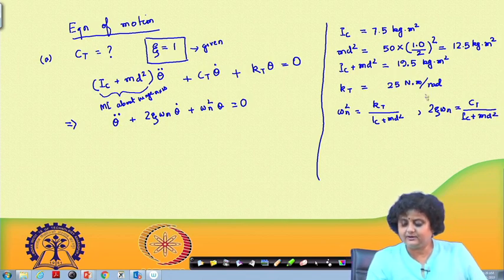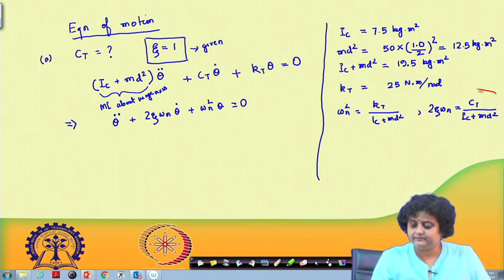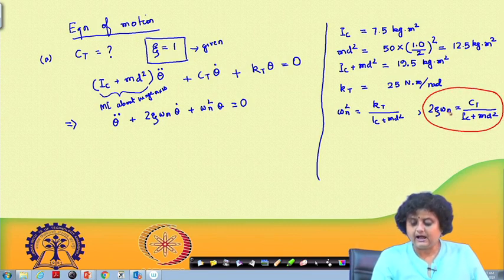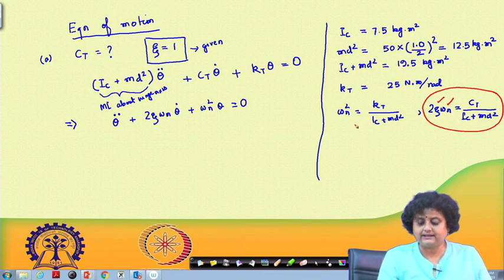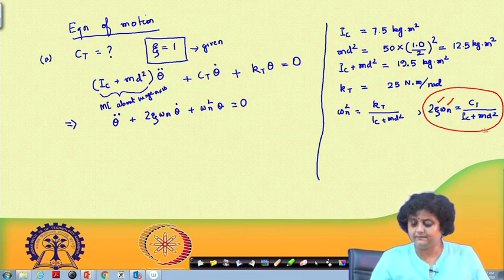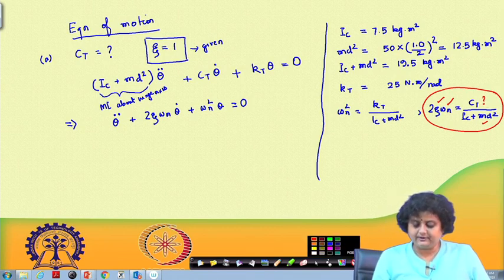In this equation, I know the value of zeta, so I can find the natural frequency from this problem. I know this value, so I can evaluate Ct. Let me first find the natural frequency.